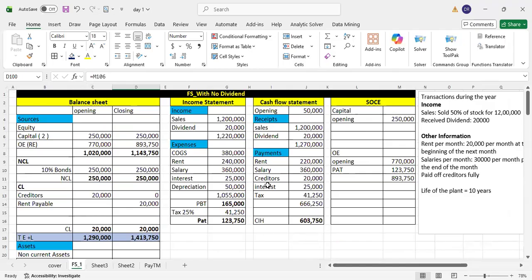But at any point of time, I strongly recommend you to see all the four financial statements together, observe the interrelationship, and identify and understand the impact of the business decisions.